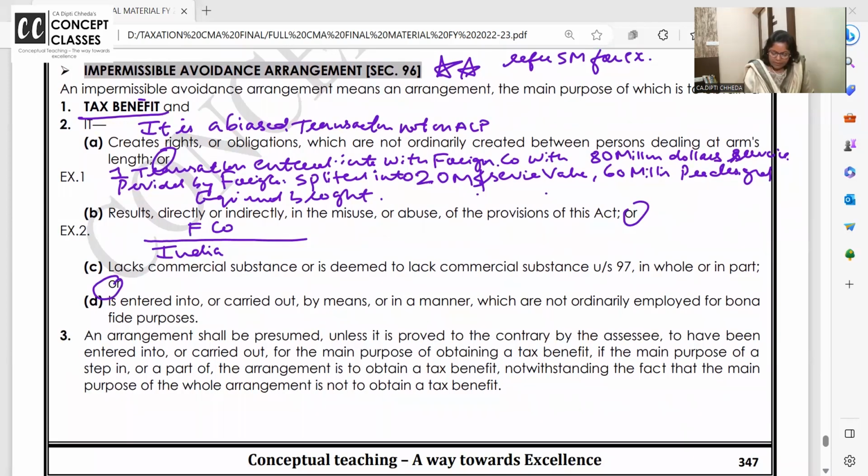Foreign company. Now the rule is more than 20% if they invest in India, then income is taxable in India.